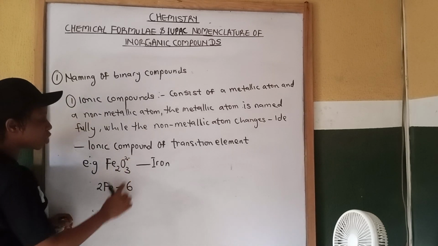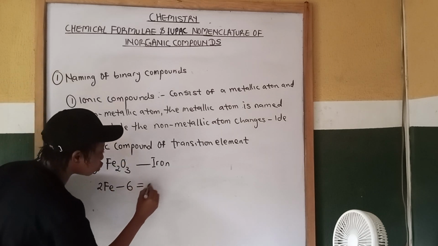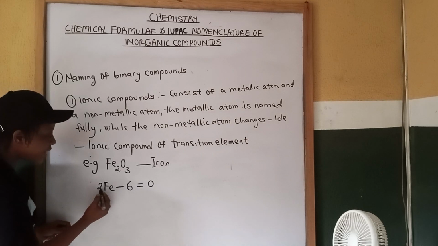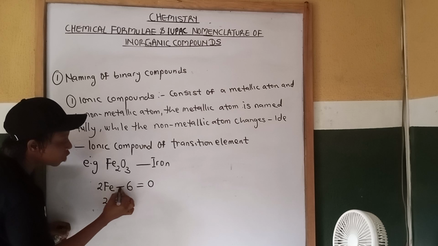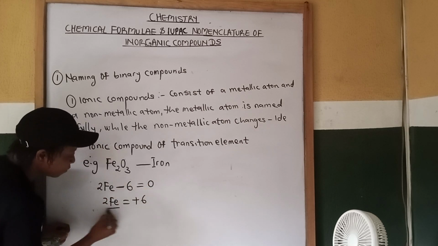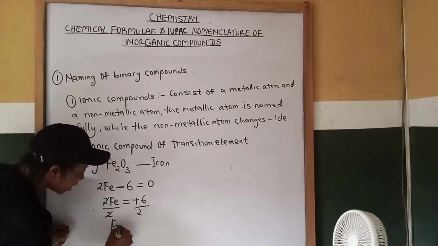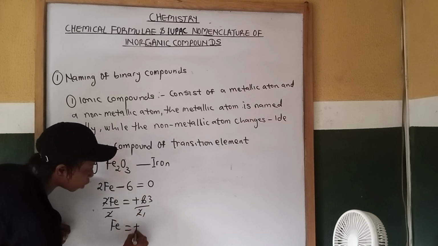So minus 2 times 3 will give me minus 6. Then everything is equal to 0. Then 2Fe will be equal to, move this minus to the other side, we change to plus 6. Then divide both sides by 2. Fe will be equal to 2 into 6 will give us 3, so plus 3.